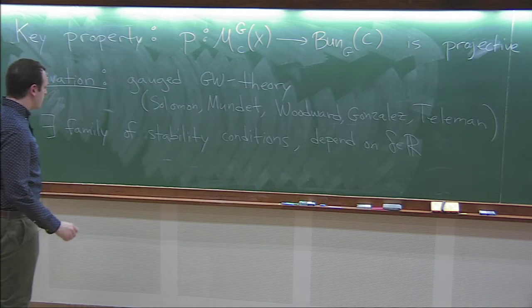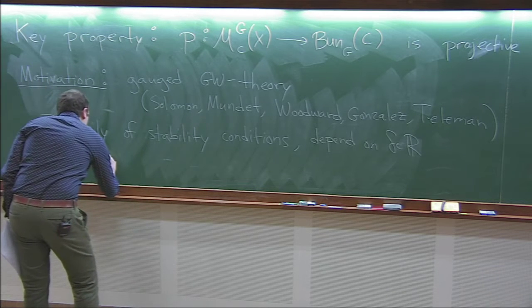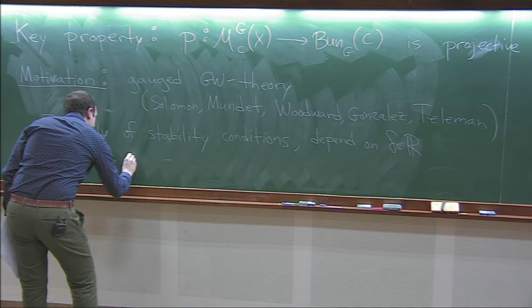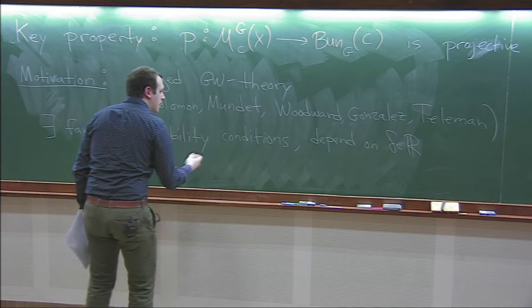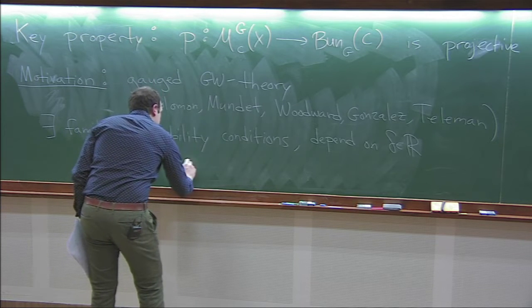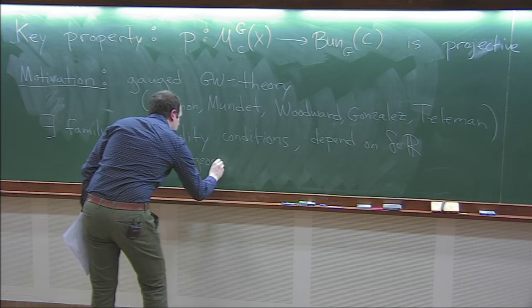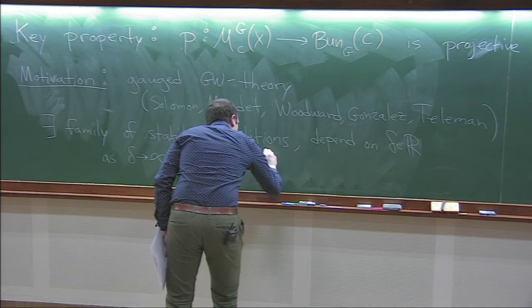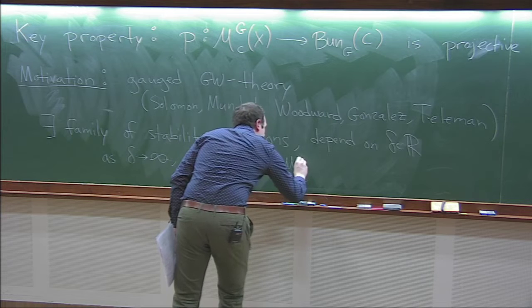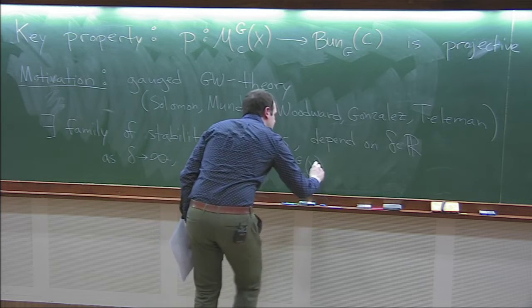A bunch of stability conditions depend on a real parameter, and as delta goes to infinity, if I impose the stability condition, you actually get a moduli space.